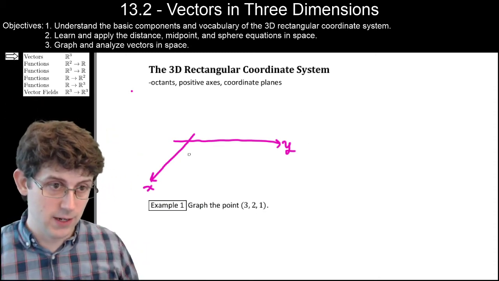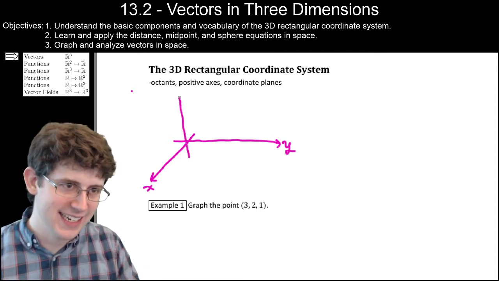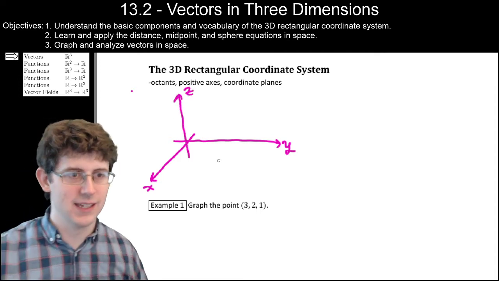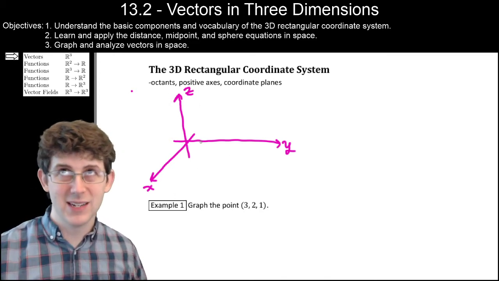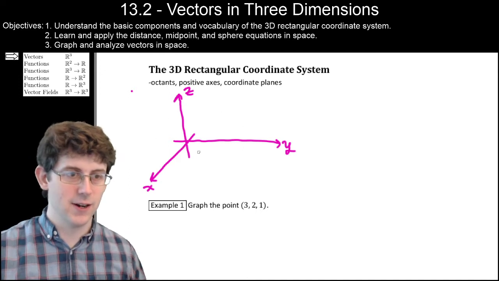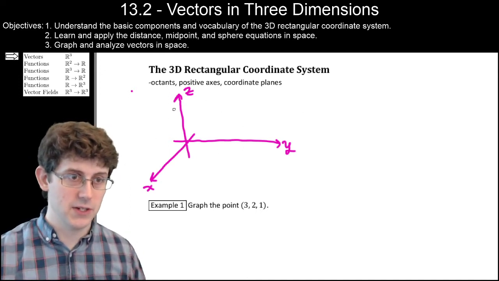The z-axis will go out vertically like this. So these are the positive axes. Because we're drawing on 2-dimensional paper and trying to draw 3 dimensions, it's always going to be a little bit sketchy, but that's okay. So those are the axes.